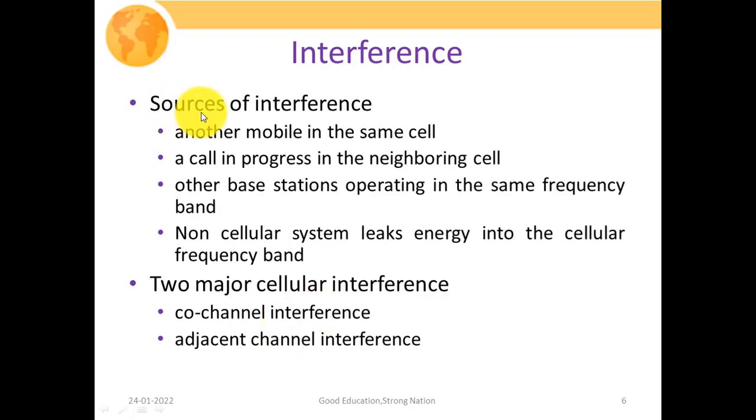Now we're going to discuss the various sources of interference. Sources of interference might be another mobile phone in the same cell, a call in progress in the neighboring cell, if they are both working over the same frequency band, or another base station operating in the same frequency band. If that is the case, then obviously the signals will interfere and we will receive some distorted signal.